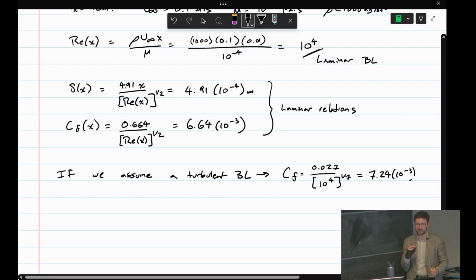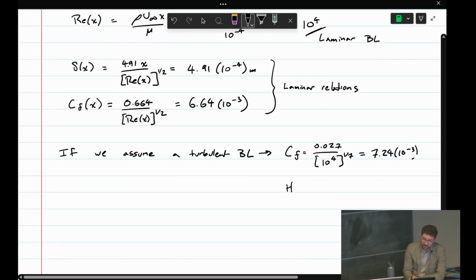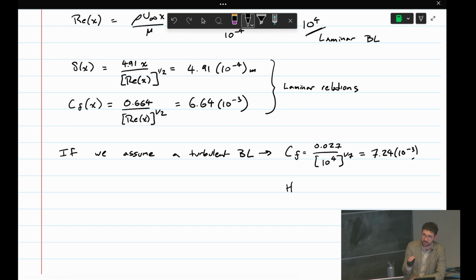If you were to assume this is turbulent, which may or may not be a good assumption, I would say in this case, you assumed it's a smooth flat plate to start, and you know where transition happens for that, you can assume it's laminar. I'm just doing this as an experiment with the numbers. So if you knew that it was turbulent there because of some other information, skin friction coefficient is higher, which means that there's higher viscous forces in the turbulent boundary layer compared to the laminar, which is what we saw above.